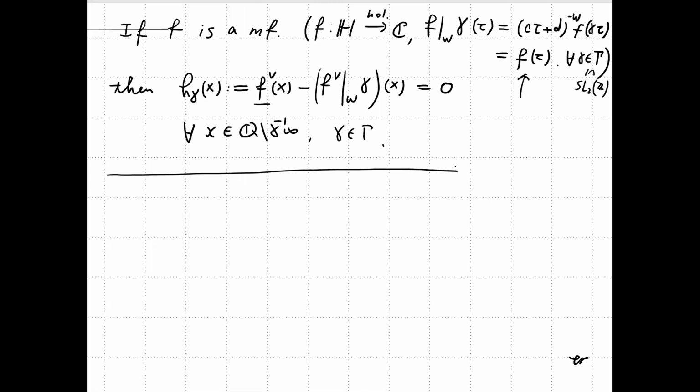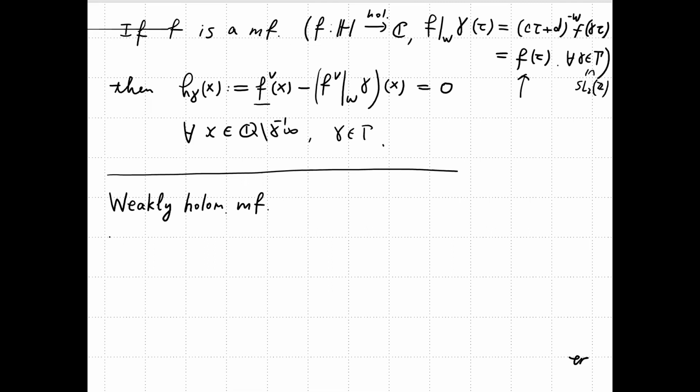We'll also consider something that's also modular, but no longer satisfies the condition that it's bounded at the boundary. So we consider something that blows up at the boundary, which is the so-called weakly holomorphic modular form.